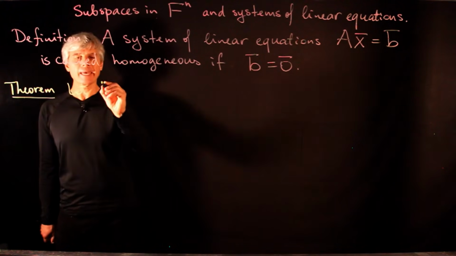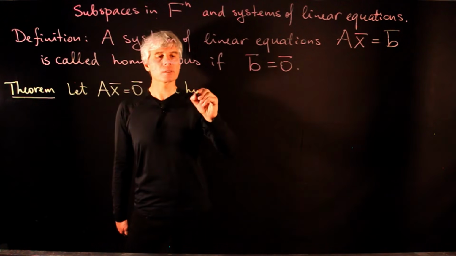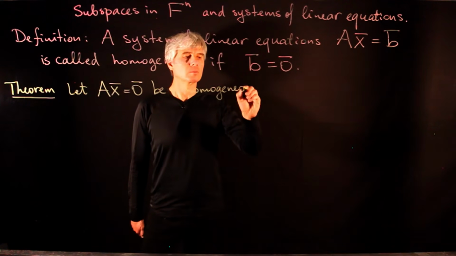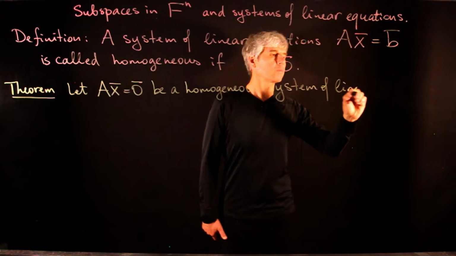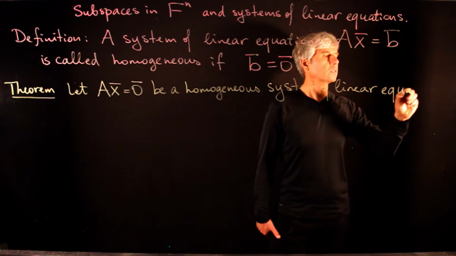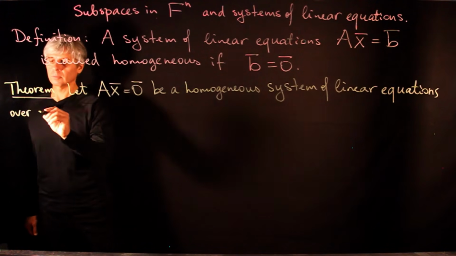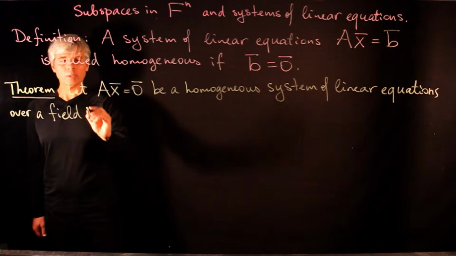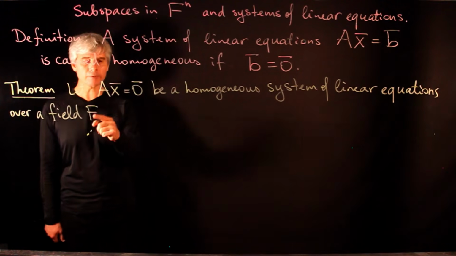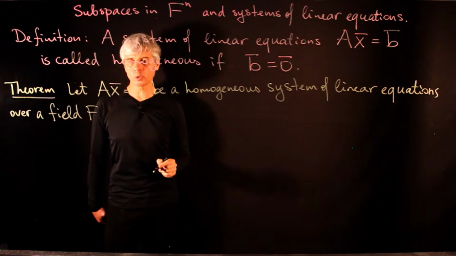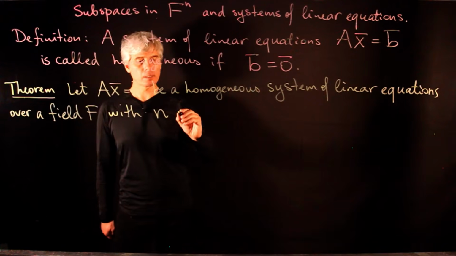So let AX equals 0 be a homogeneous system of linear equations over a field F, so meaning that all coefficients in the coefficients matrix come from the field F, and unknowns also I assume to have values in F, with n unknowns.